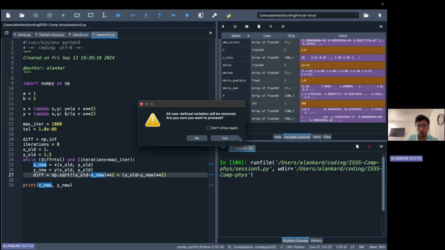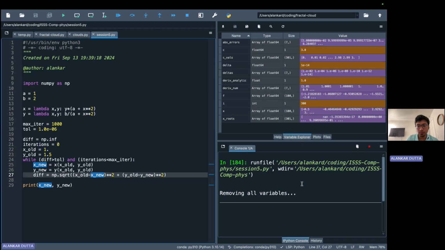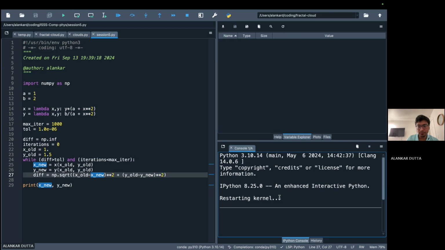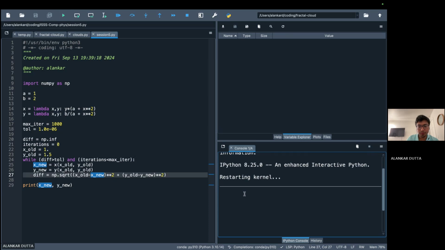To variable explorer and also remove all the variables which were previously there. This is from some of the code which I was writing. Let's restart the kernel. Let's wait until this finishes, and then we have a working Python terminal where we can run the code.